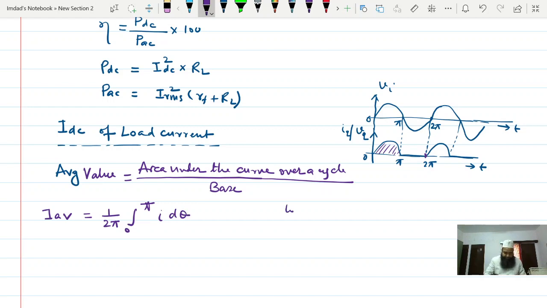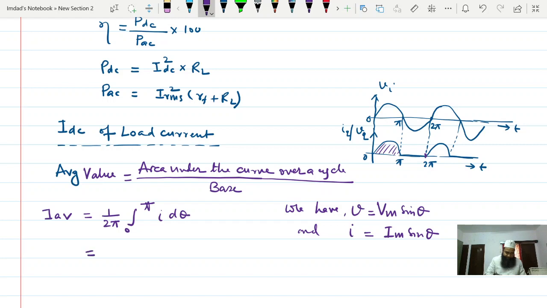We have the equation for sinusoidal voltage, Vm sin theta, and for sinusoidal current we have Im sin theta.